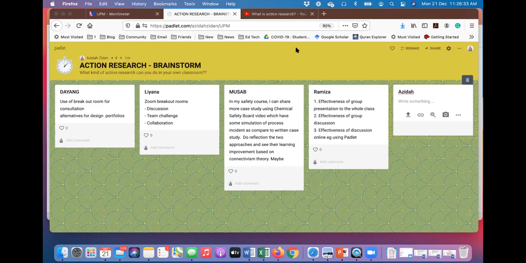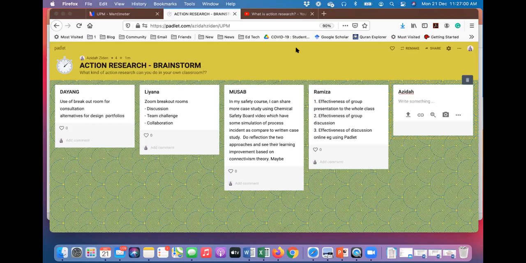Okay. Then Dr. Ramiza said effectiveness of group presentation to the whole class, and then effectiveness of group discussion, effectiveness of discussion online, for example using Padlet. Yes. Okay. Maybe you can actually discuss in Zoom, for example. Then Zoom maybe synchronous. Then during asynchronous class, maybe this week you do synchronous class.